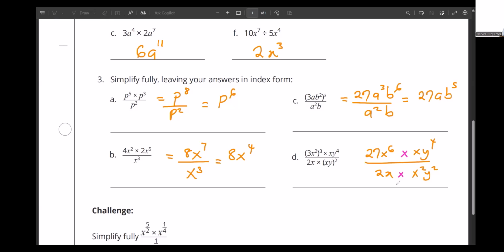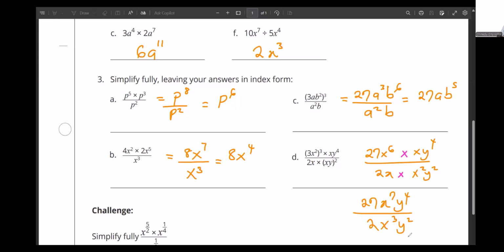Now, if you try to simplify everything, 27 x to the power 6, well, not x to the power 6, sorry, it's going to be x to the power 7, and y to the power 4, and divided by 2x to the power 3 and y squared.